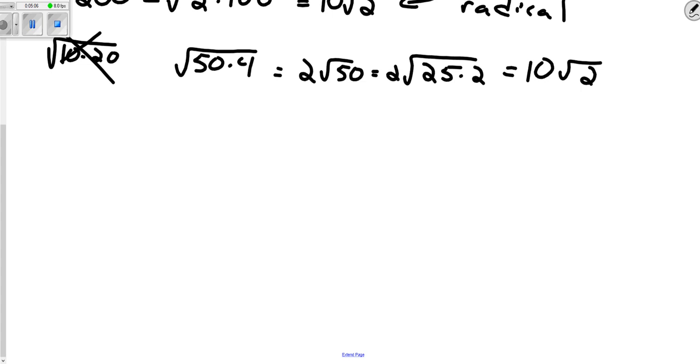All right, so let's do another example. Sometimes the textbook likes to do things like the square root of 48x cubed. Factors of 48, I know the square root of.